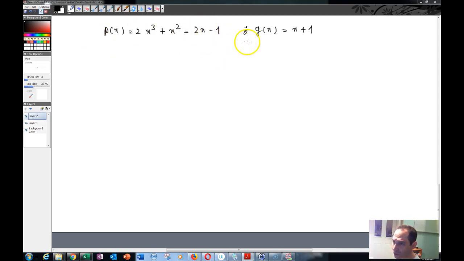Again, you can do the same thing, meaning that you can basically set this x plus 1 equal to 0, and then x would be equal to negative 1.